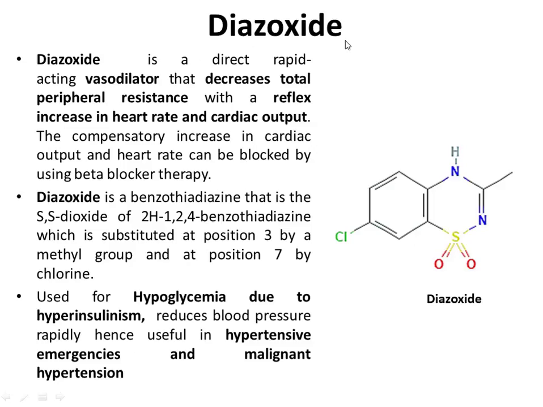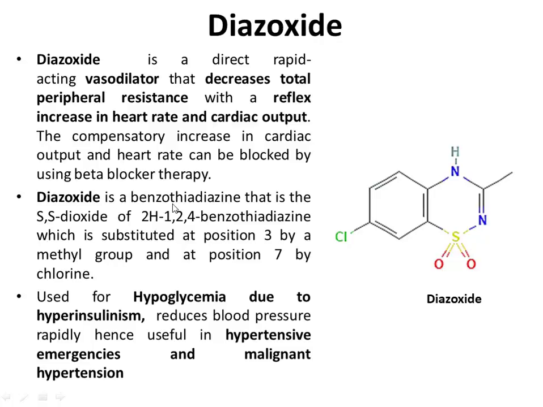Next drug is diazoxide. The structure of this drug is given here. Diazoxide is a direct, rapid acting vasodilator that decreases total peripheral resistance with a reflex increase in heart rate and cardiac output. This condition is countered by taking beta blocker therapy.